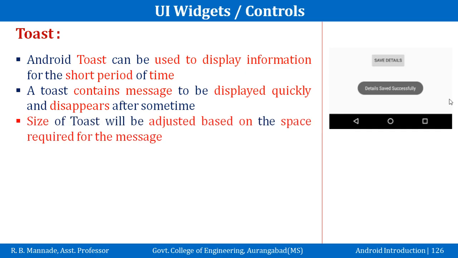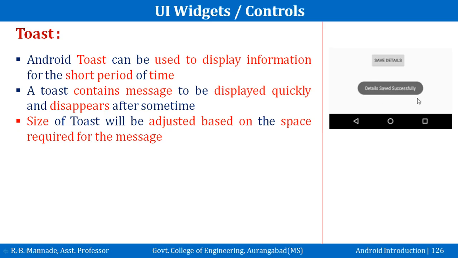Okay, so the size of the toast will be adjusted based on the space required for the message. Whatever this rounded rectangle is, this is called a toast, and whatever text is displayed here is the message displayed by this toast object.